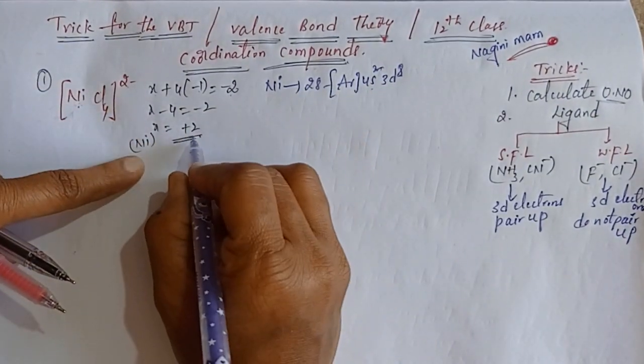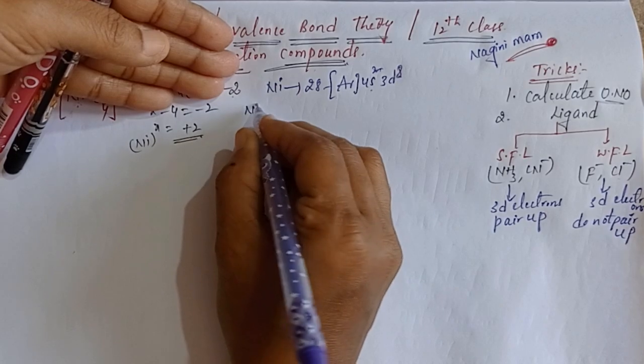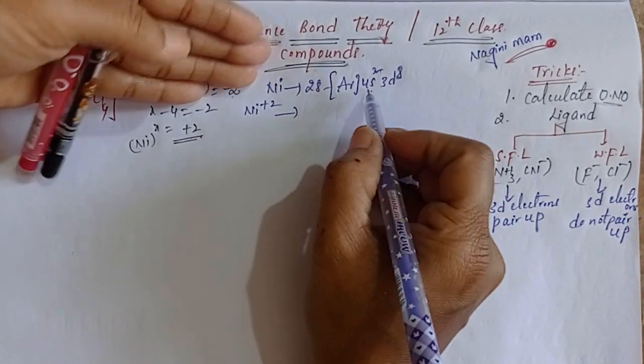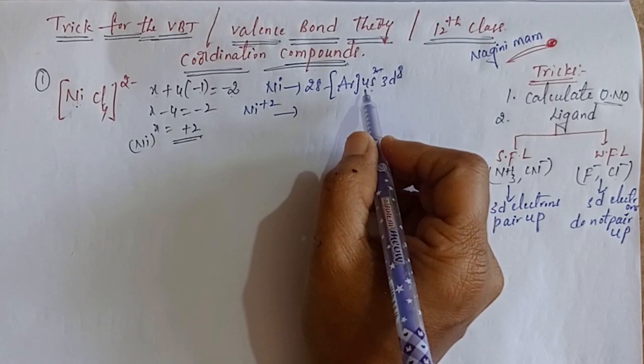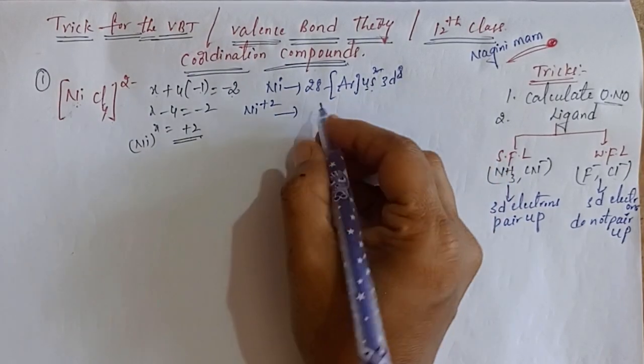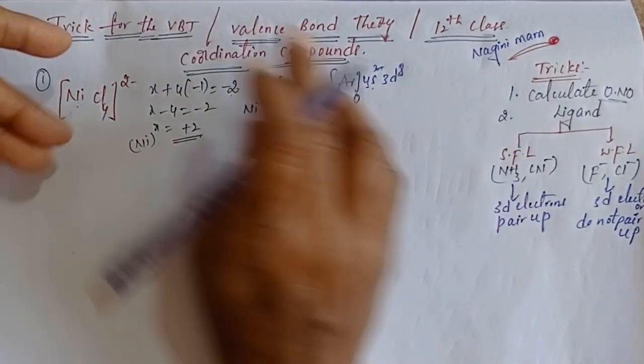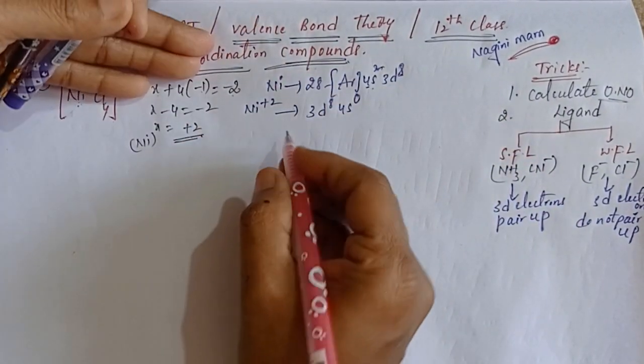Now how many electrons are lost? 2 electrons are lost, from the 4th shell, the valence shell. So 3d8 stays as it is, and the configuration is 3d8 4s0.